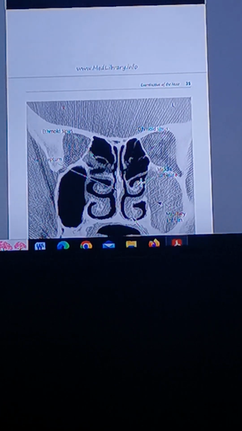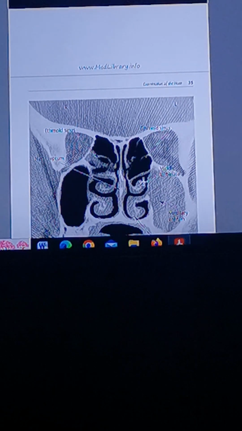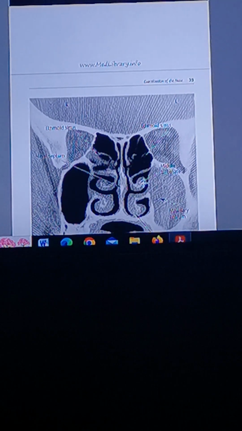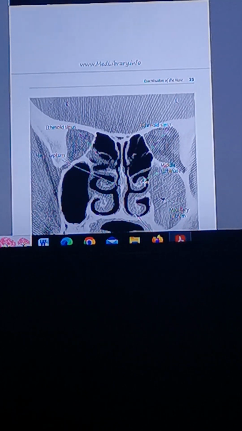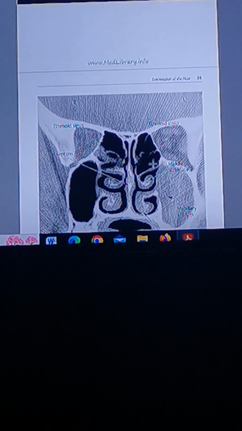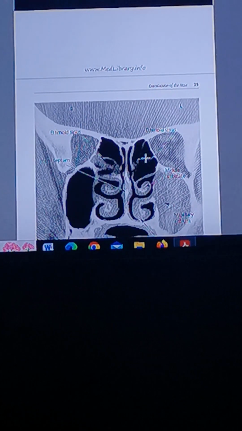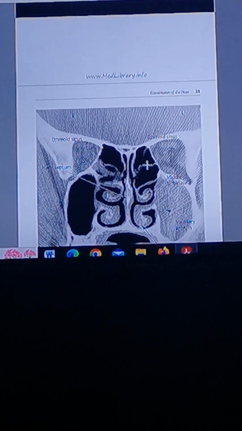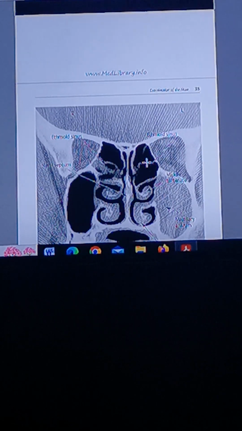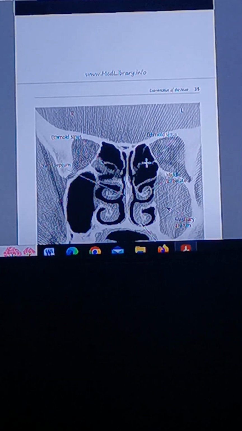Behind it or below it, there is the meatus, which drains the anterior group of the paranasal sinuses, I mean maxillary, frontal, and anterior ethmoidal, while the posterior group drains in the superior meatus. We have the posterior ethmoidal and sphenoidal sinuses.